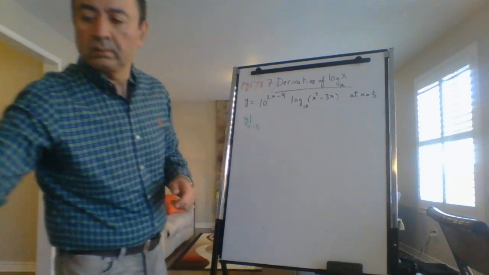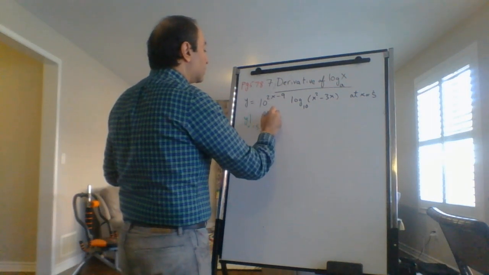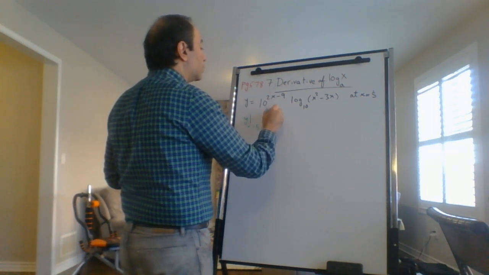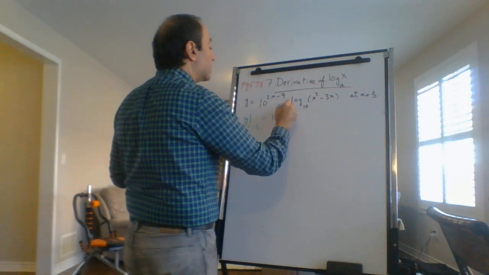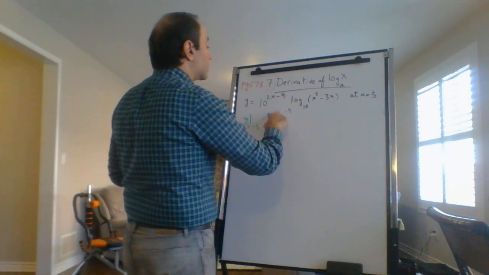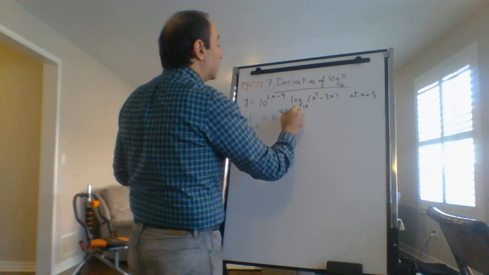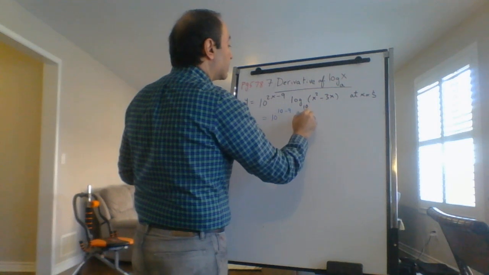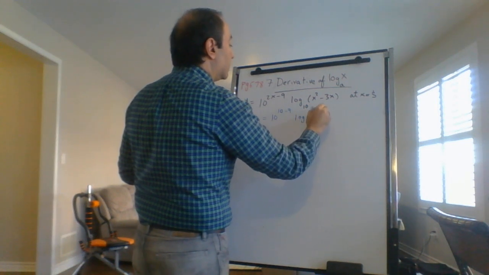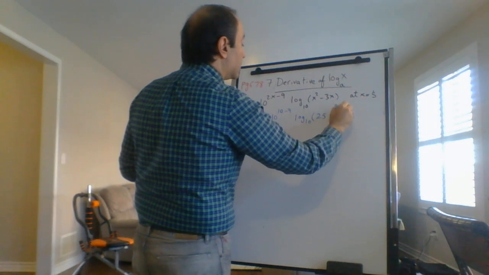I don't know if the green shows okay. Can do it in blue better. This will be 10 to the power of 2 times 5 minus 9, 2 times 5 is 10 minus 9, log base 10 of 25, 5 squared, minus 3 times 5, which is 15.